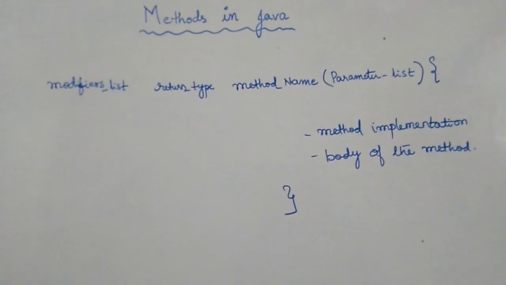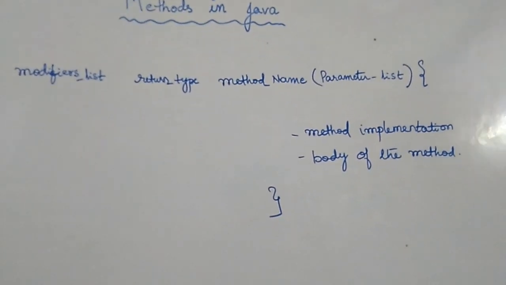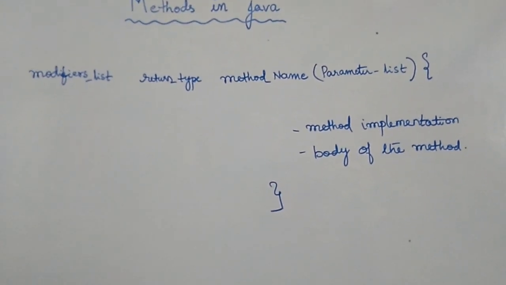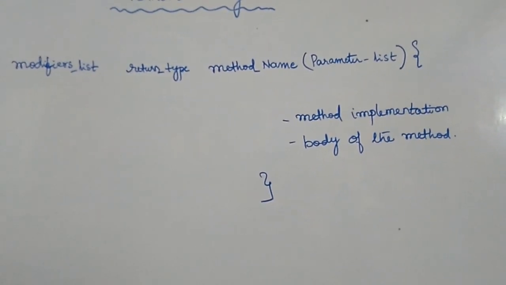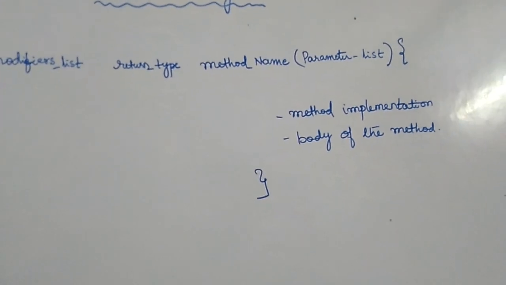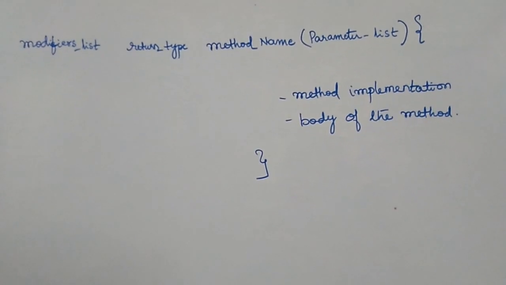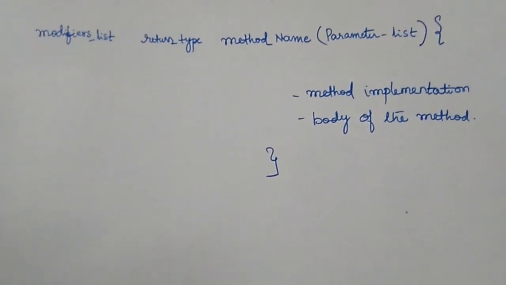But there is one more addition to this general form of a method, for example, if the method is throwing an exception which the method will not handle. In some cases the method will be capable of throwing some exception which is not handled.